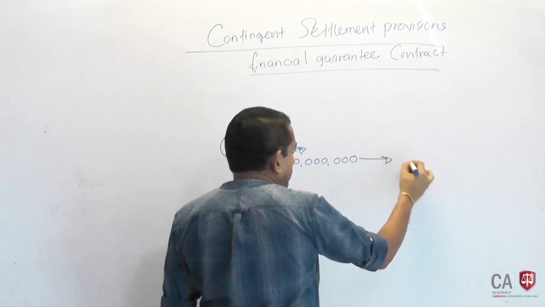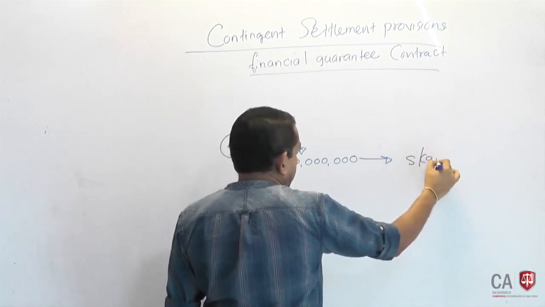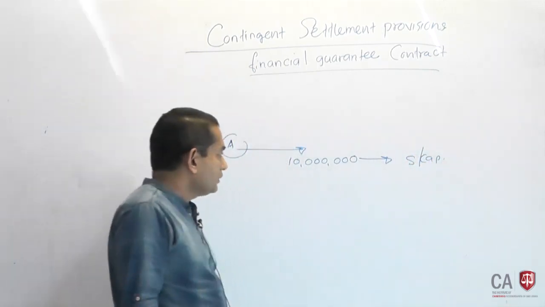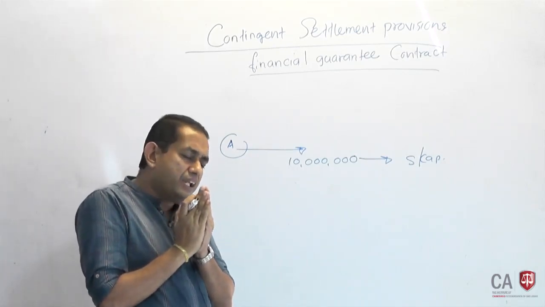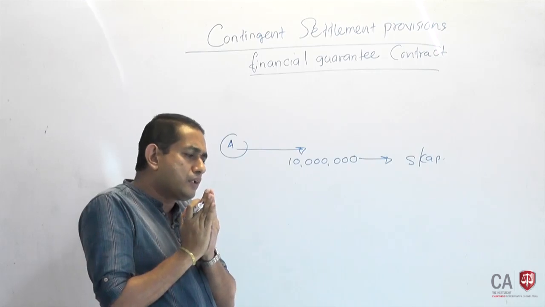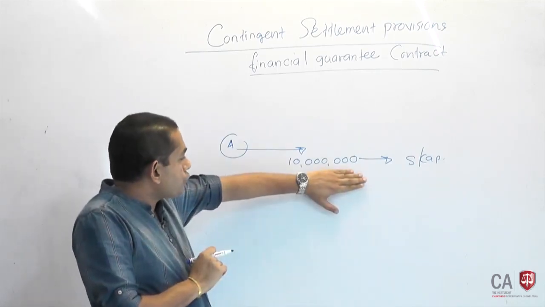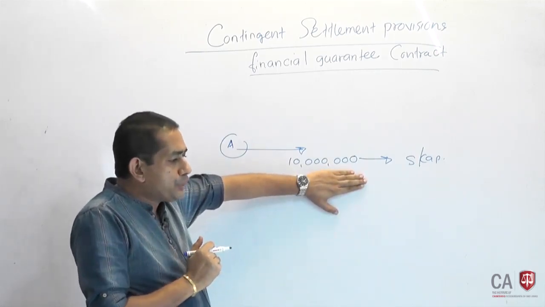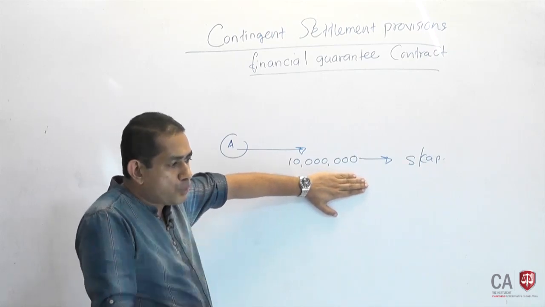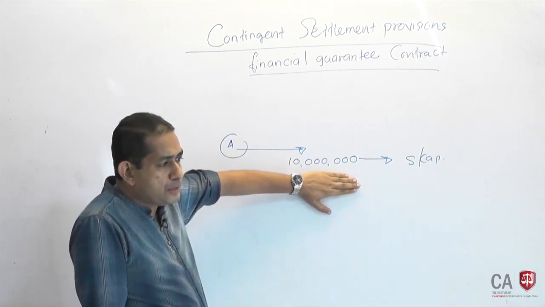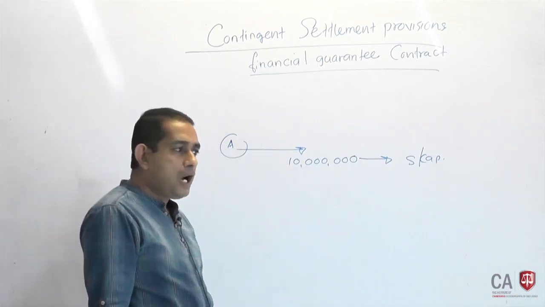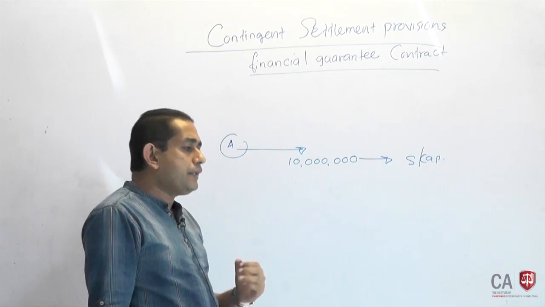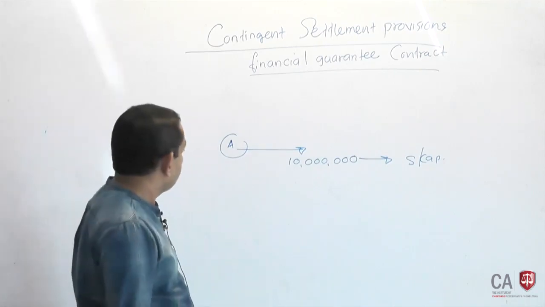This is not financial liability, we learnt it, share capital. Why? A has an unconditional right not to repay 10 million rupees ever until the company is wound up. Unconditional right is there to avoid cash flows. Unconditional right is there not to pay.